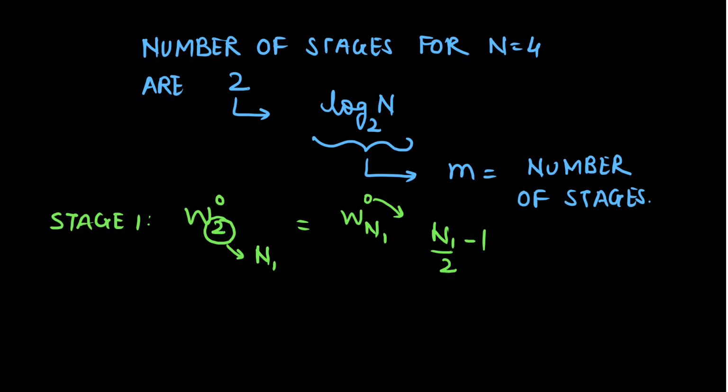So what I can say is the value of this k, that is the power, will be ranging from 0 to n1 by 2 minus 1.